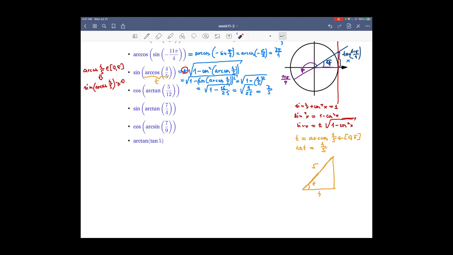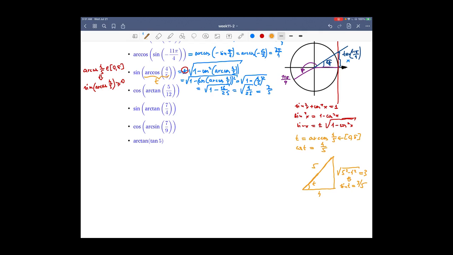When the hypotenuse is 5 and one leg is 4, the other leg must be, by Pythagorean theorem, square root of 5 squared minus 4 squared. And of course that's 3. So therefore sine t equals 3/5.